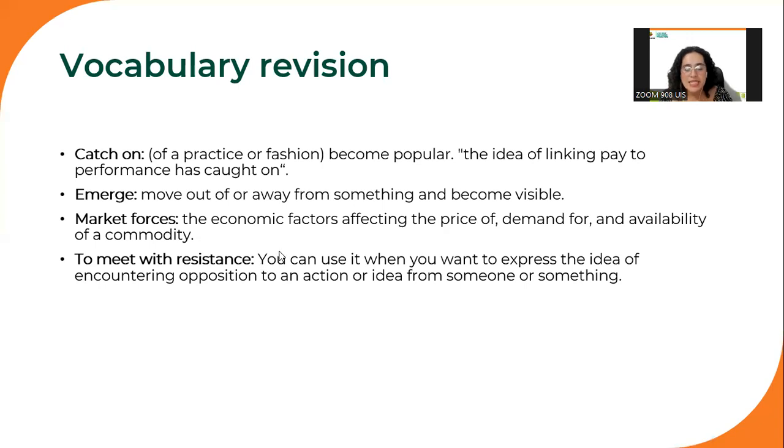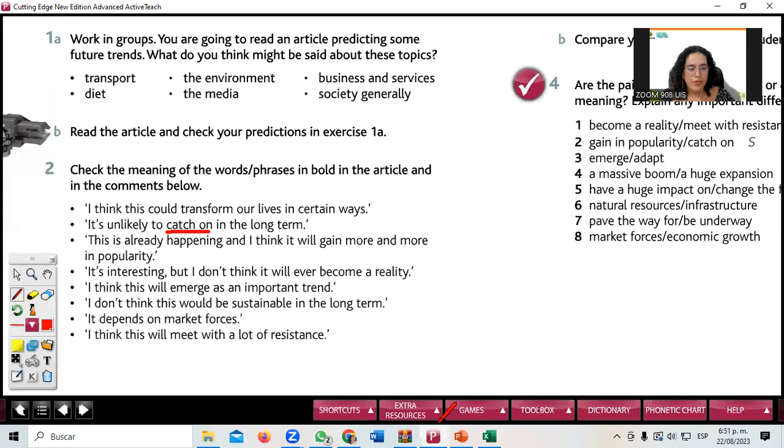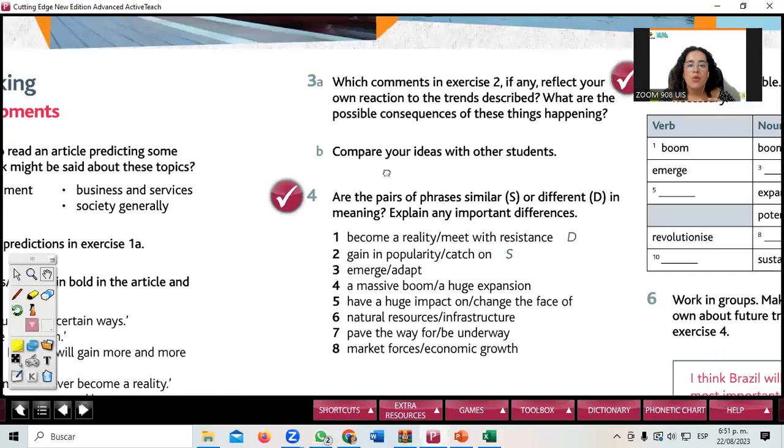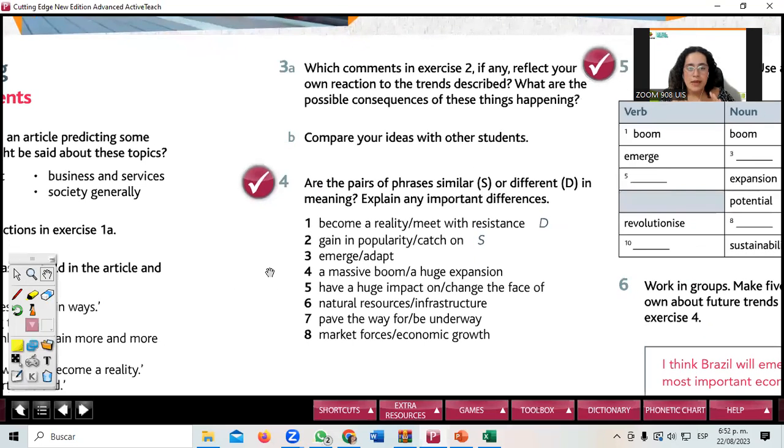To meet with resistance. This is used when you want to express that you will have some opposition to an action or an idea, okay? So if your idea is met with resistance, it means that you have opposition to your idea or your actions, okay? To meet with resistance. And this is the meaning. All right, guys, so I think the vocabulary is clear. Now we're going to see point number, yes, Julian?